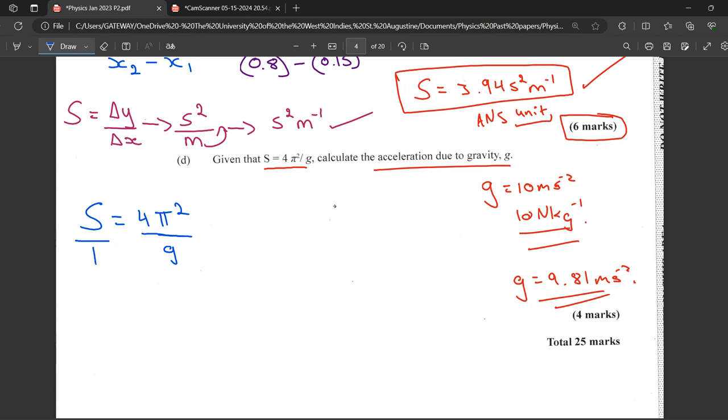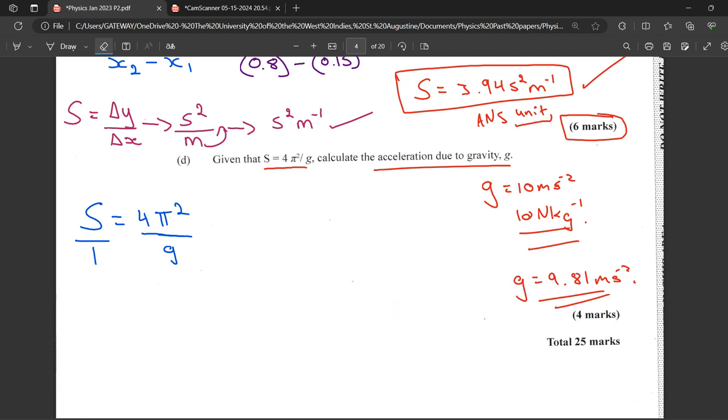If I had the number 10, I could write 10 as a fraction, 10 all over 1. If I have the number 2, I could write 2 as a fraction, 2 over 1. So if I have s, I could write s as a fraction, s all over 1, because anything divided by 1 is itself, right? So I write s over 1 just to have it in the fractional form.